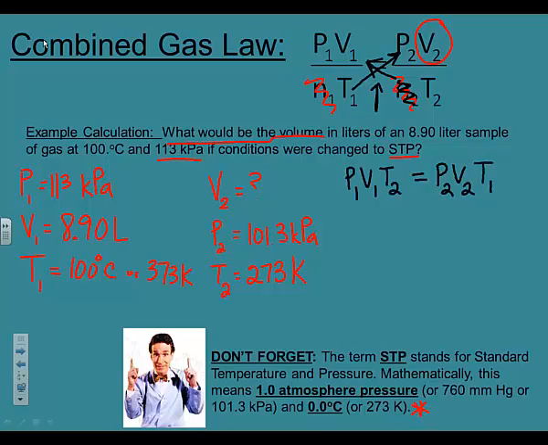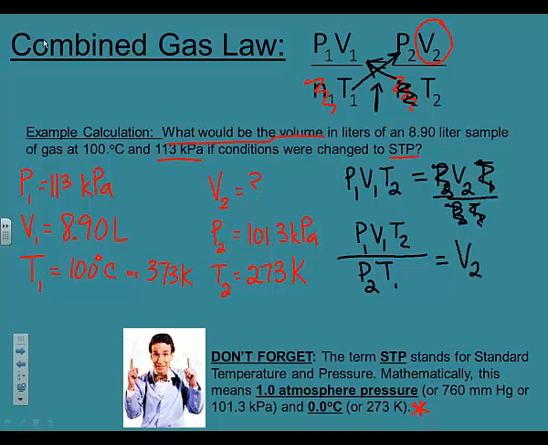Now, remember, V2 is the variable that I want to keep by itself. So in order to do that, I'm going to divide by P2 and T1 on this side so that they cancel out. And anything you do to one side, you must do to the other side of the equation. So P1 V1 T2 over P2 T1 equals my variable that I'm trying to solve for.